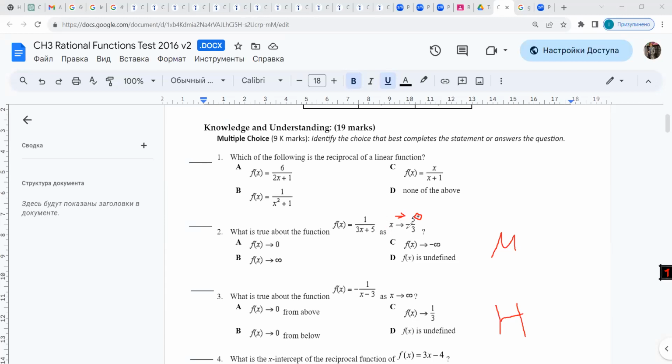This is how we read this question. As x approaches negative 5 over 3. So this is the coordinate axis. Let's say negative 5 over 3 is here, and plus in the top right corner means that we approach this value from the right hand side. From this side it's plus, from this side it's minus. So what's happening to the function as we approach it from the right hand side?